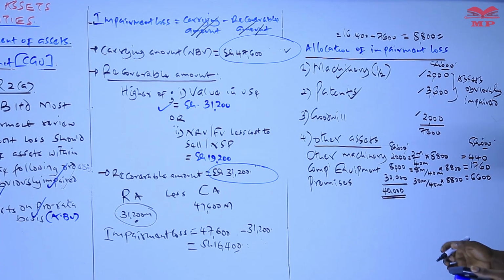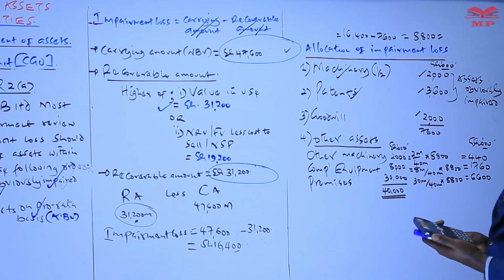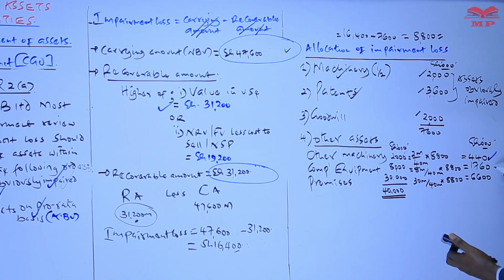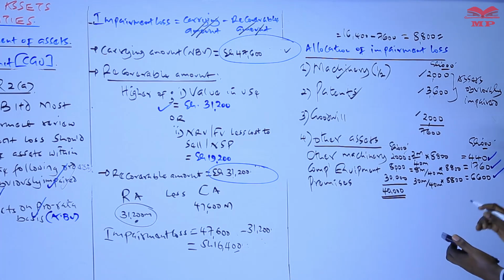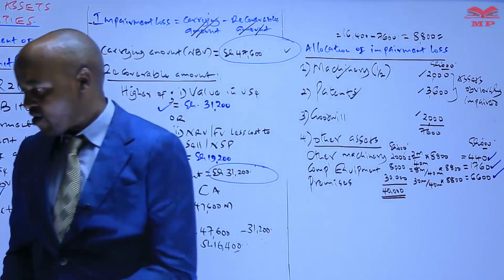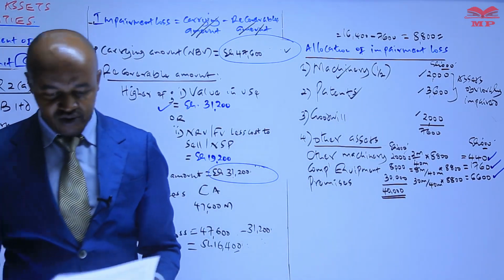So that is now the impairment loss to be allocated to other machines, computer equipment, and the premises. So that is basically what was required as far as that particular question was concerned.